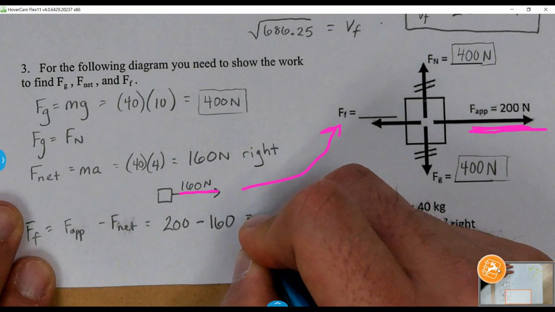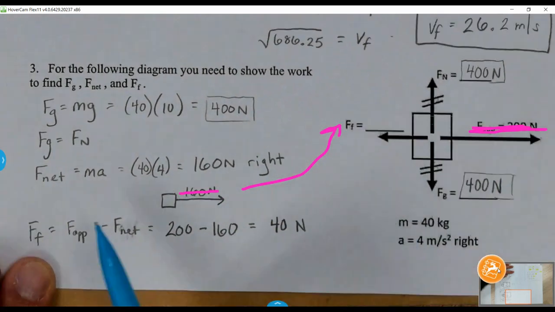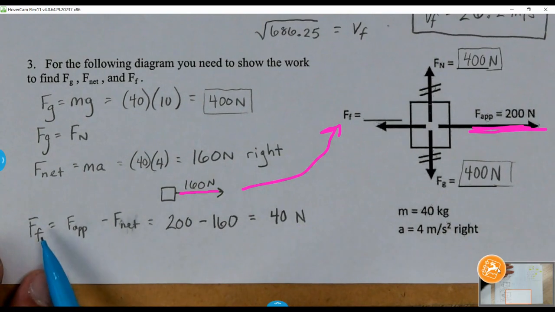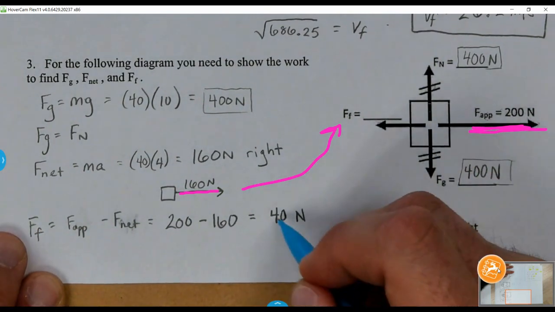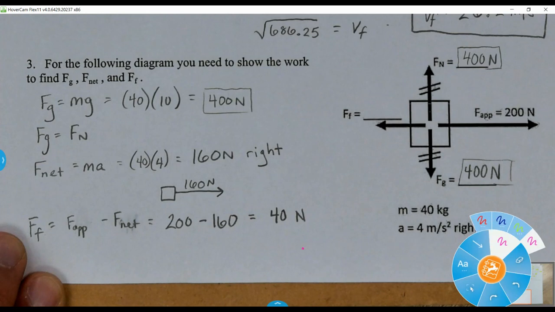So 200 minus 160, and that is going to give us 40 newtons. Now, since our F of F, or friction force, is over here, this 40 newtons goes right there.